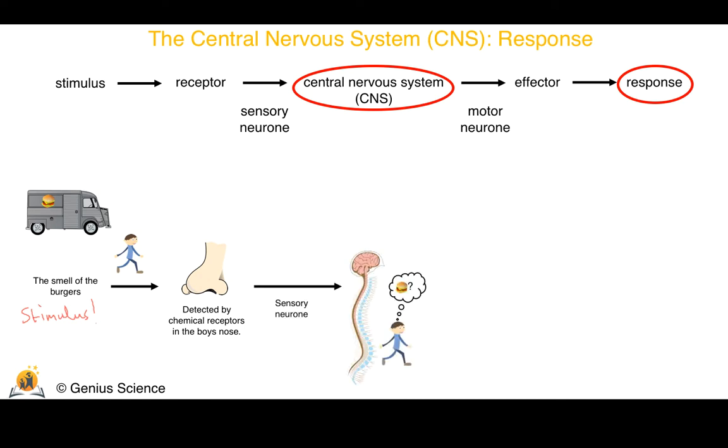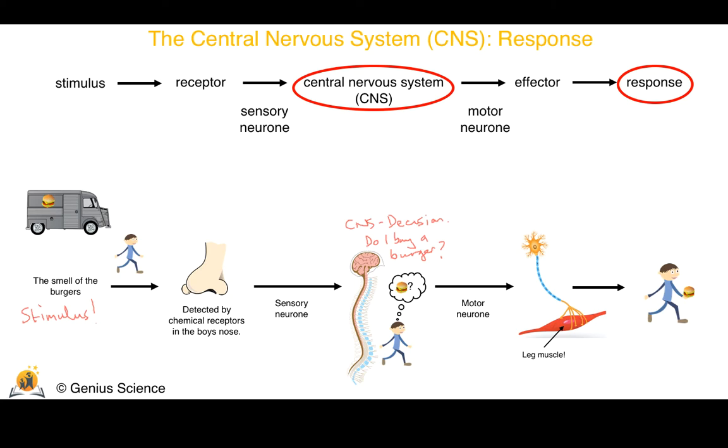Remember, the central nervous system includes the brain, so this is where the boy makes a decision. Do I buy a burger? Yes or no? The central nervous system then sends an electrical impulse to his leg muscles, the effector, via motor neurons. This will then allow the boy to walk, that's the response, towards the counter of the burger van and buy a burger.